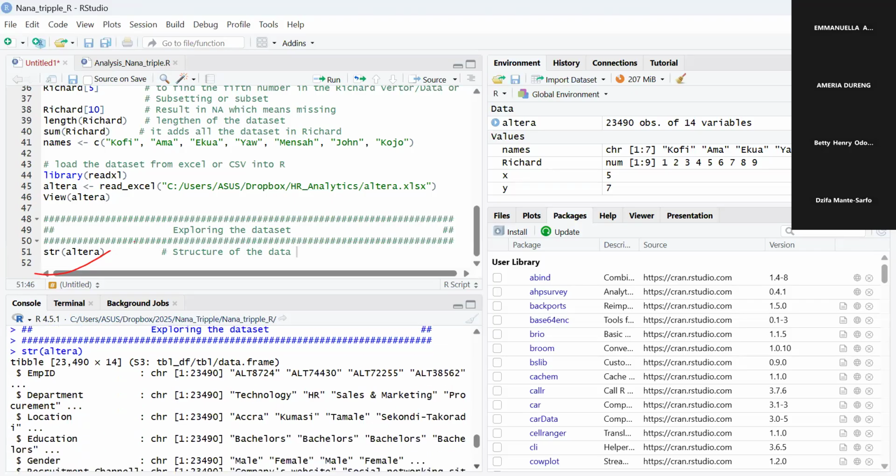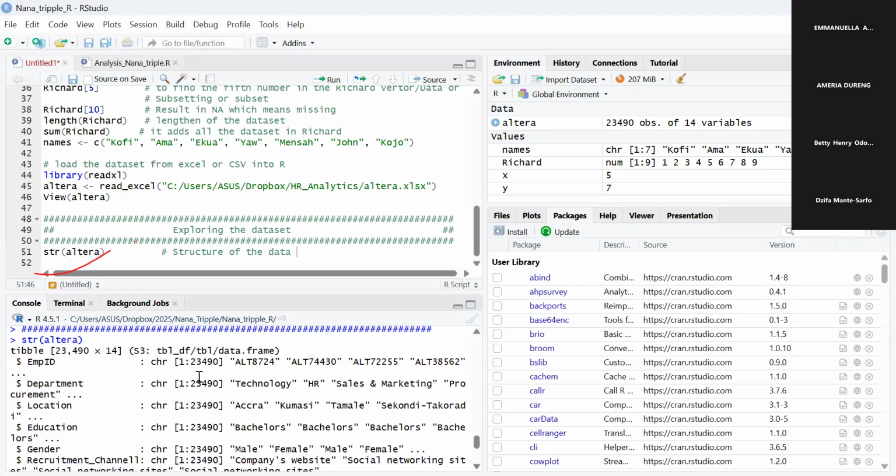Character. Why? Because it's a mixture of numbers and the rest. Then department is also a character, the department people belong to. Location, Accra, Kumasi, whatever. Educational level, bachelor's, and the rest.